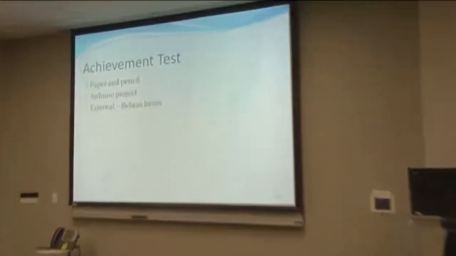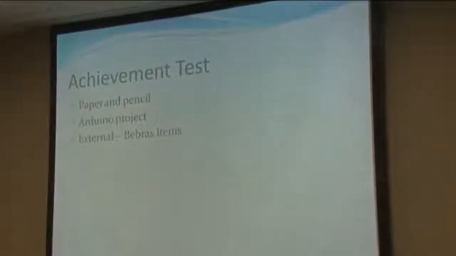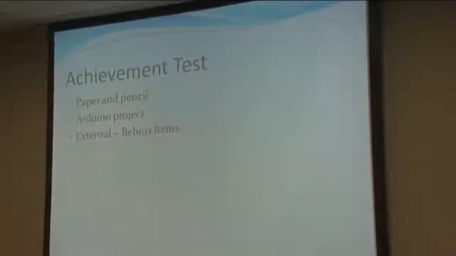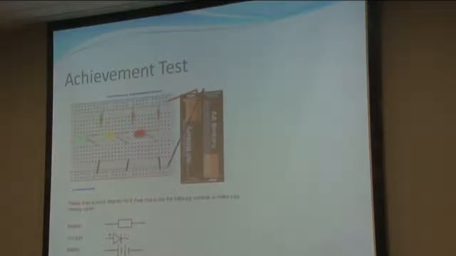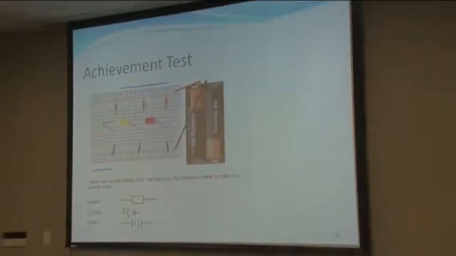And for the achievement test, we have a paper and pencil one. Also, we have a performance one, which is an Arduino project, very similar to the traffic one Saraj just described. And we also used some external items to see whether students improve their CT on those items. Okay, so here's an example for the achievement test.